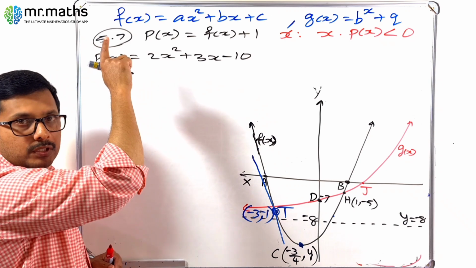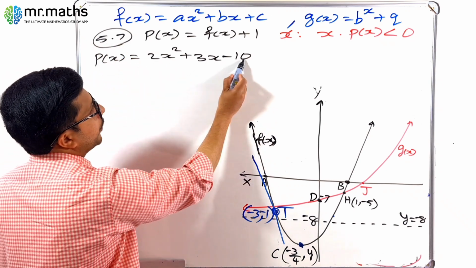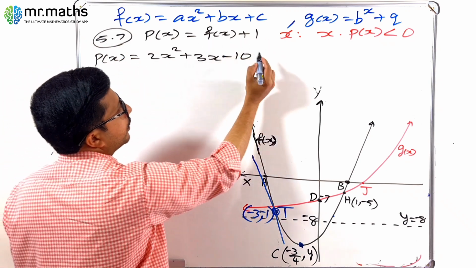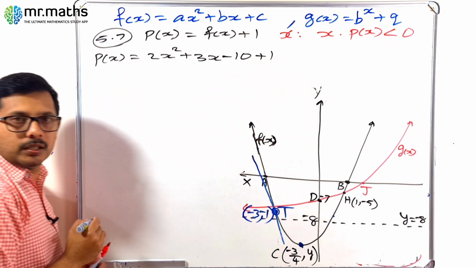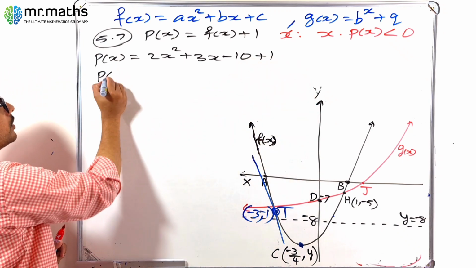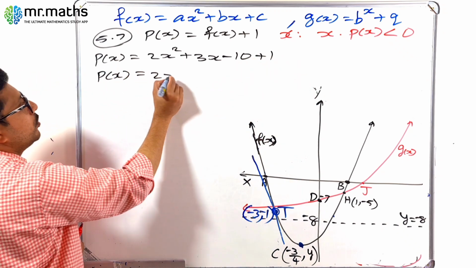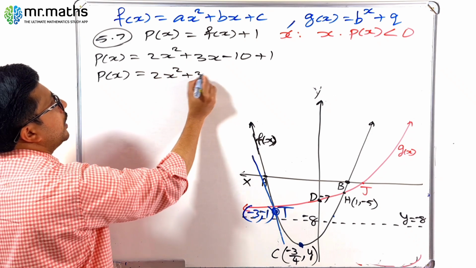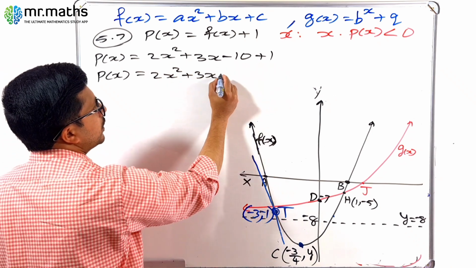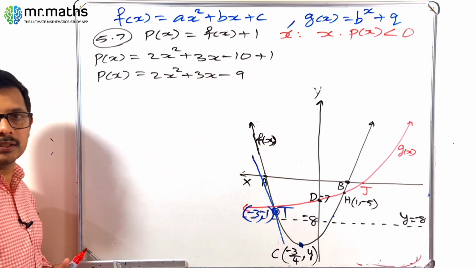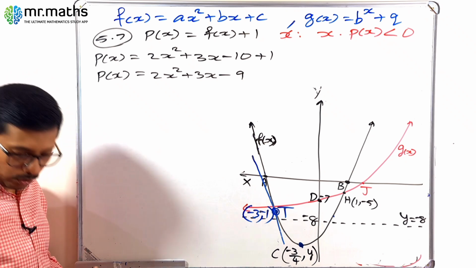I'm answering from the previous question. Then that is f of x plus 1, that means plus 1. So what is p of x? p of x is 2x square plus 3x minus 10 plus 1, which is minus 9. That is p of x.